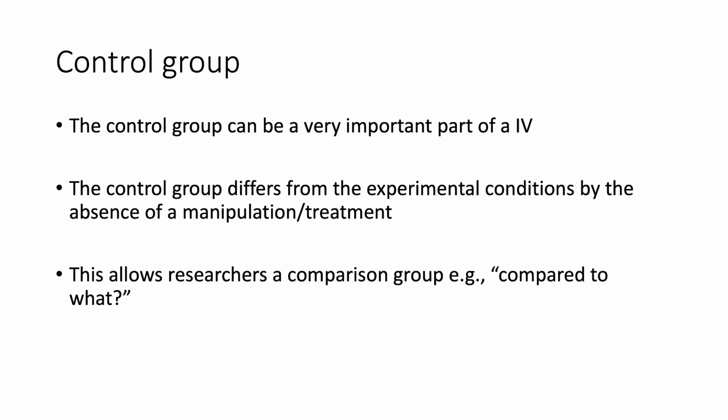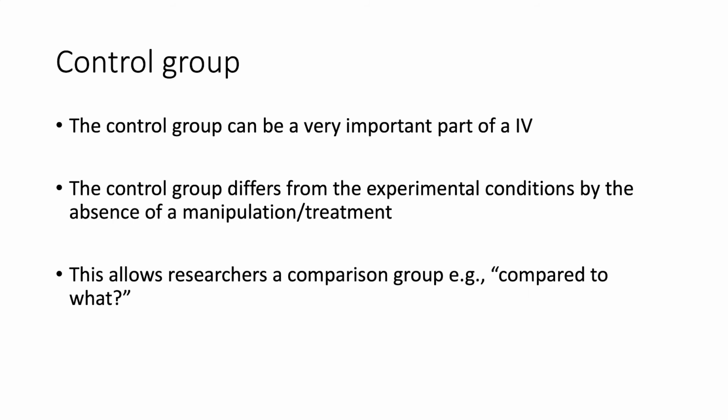And again, we've talked about it before, but it's just important to be aware of the advantages of control groups, why they are particularly important, and if used in a clever way can help us understand complex problems quite well. The control group is a very important IV in some studies. It's a very important variable, because this is the absence of any manipulation, and it can give you an idea about baseline data, right?